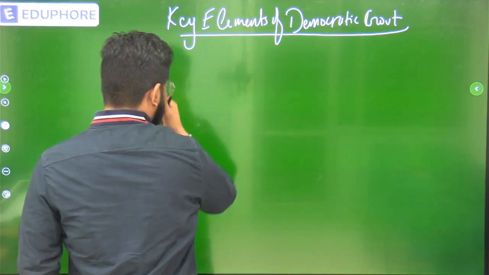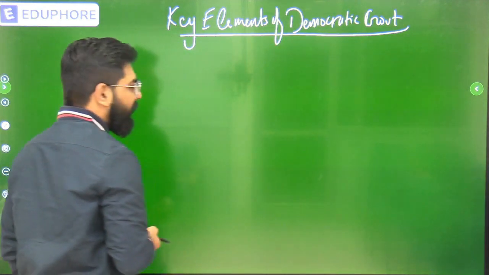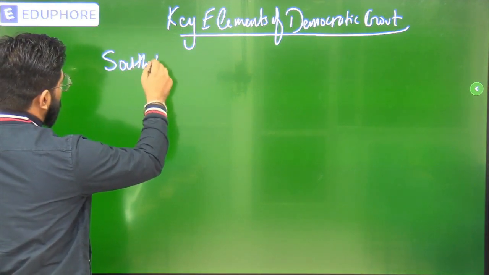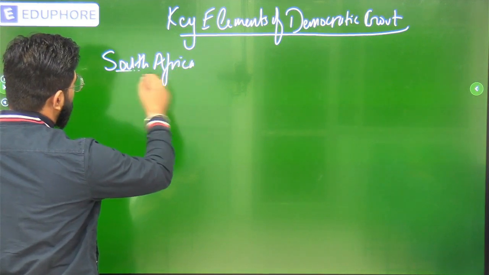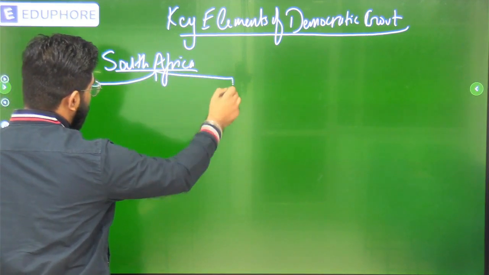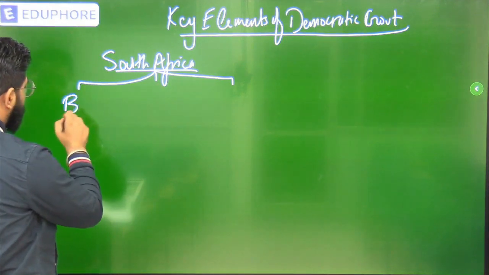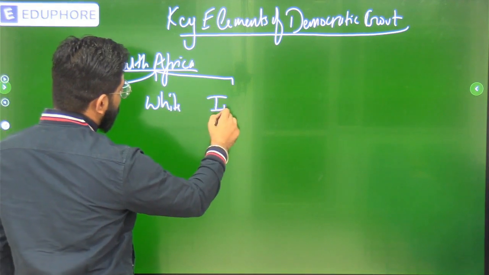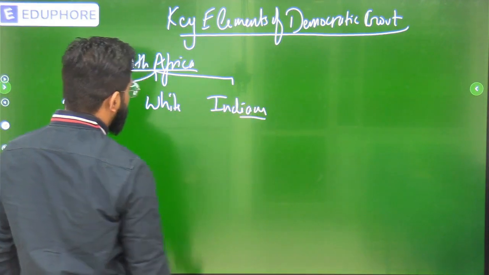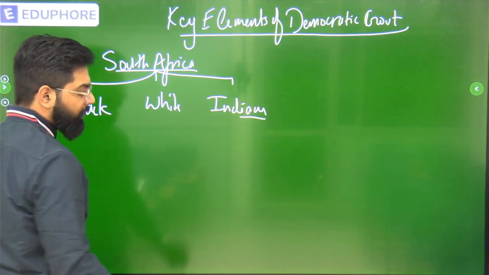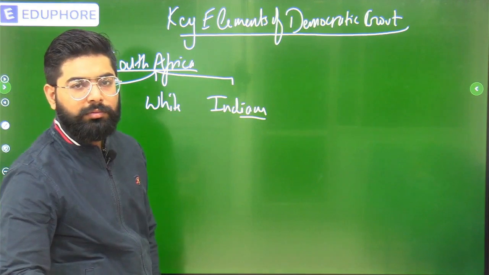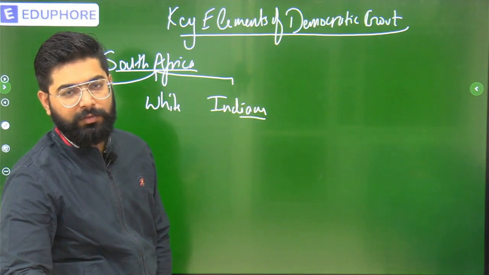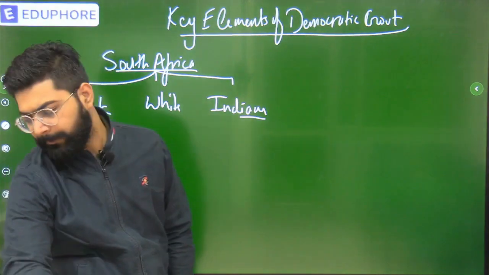It starts with an example, the example of South Africa. It says that South Africa has three types of people: the first is black, the second is white, and the other are Indians. In South Africa, people used to discriminate on the basis of race, on the basis of color.